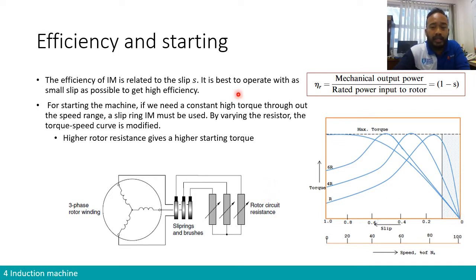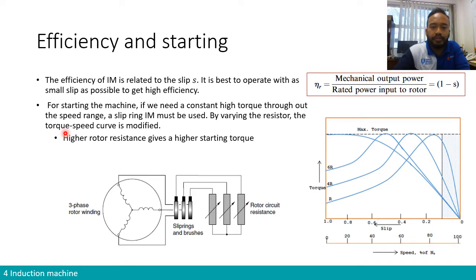To calculate that efficiency, if you are able to quantify the mechanical output and the electrical input of the rotor, then you can calculate it. But if you don't have that, we can just look at the slip. If you want to know the efficiency of the rotor part of the induction machine, it equals 1 minus the slip.